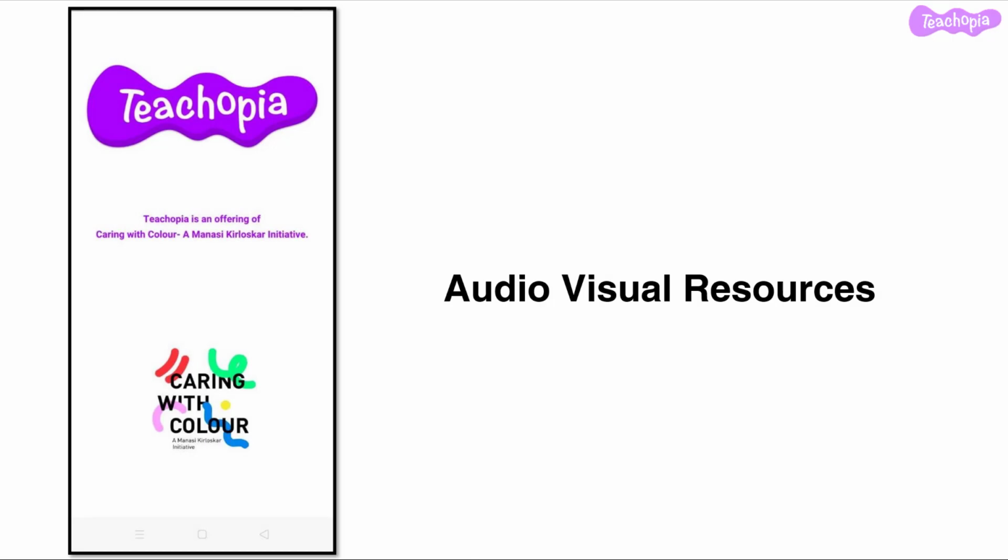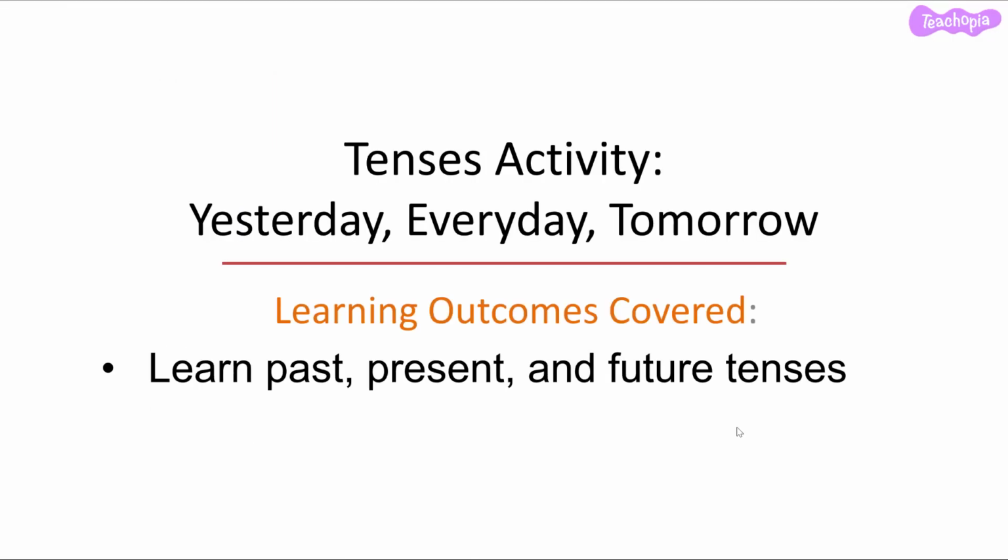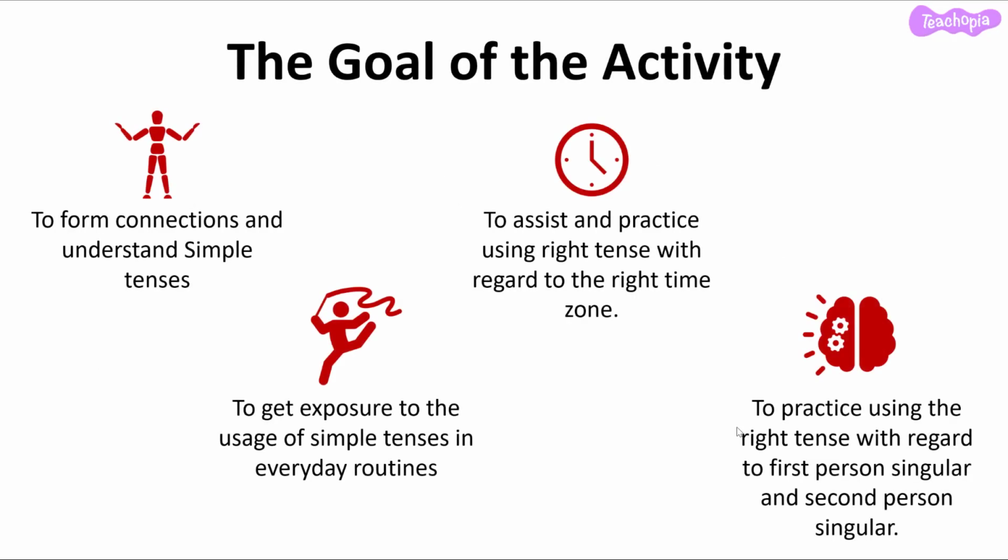Now, let's see how we can teach tenses to help learners understand past, present, and future tenses with an activity called Yesterday, Everyday, Tomorrow. The goal of this activity is quite simple. It is to form connections and understand simple tenses.